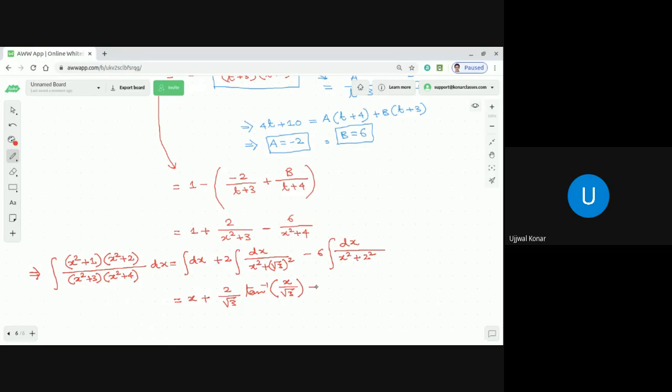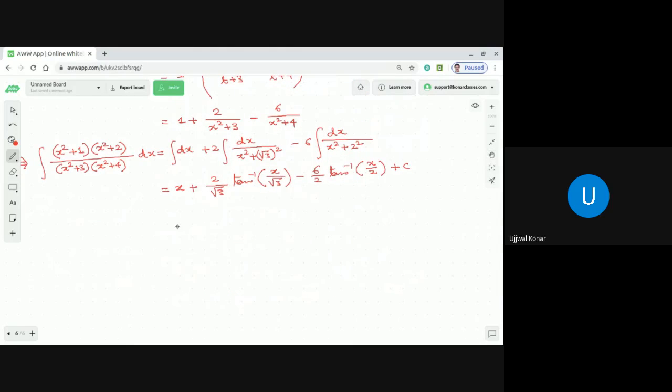Good, absolutely you are able to follow it. Yes, sir. Here also it is 6 by 2 tan inverse of x by 2. Perfectly fine. One integrating constant c. Correct or not? So then what are we going to get? Let's simplify it a little bit.